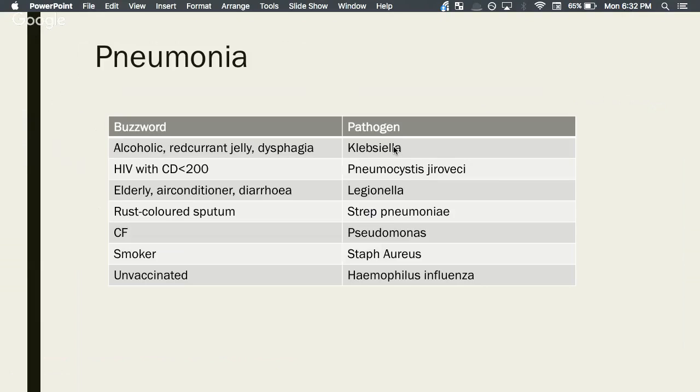With elderly, air conditioner caused, and if they have an extra symptom of diarrhea, that's a very Legionella picture. Rust-coloured sputum is Strep pneumoniae, and if they have CF, like bronchiectasis, they're going to present with Pseudomonas. If they're unvaccinated, you just go with Haemophilus. Yeah, and smokers get Staph aureus. So these are things you should try to remember just before the exam.